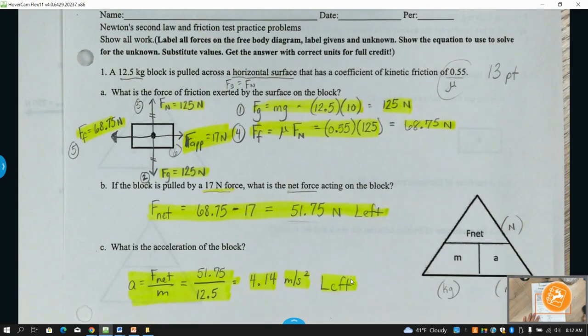So I want you to try number 2 right now. I want you guys to try number 2 right now. It is the exact same format as the first problem. So I want you guys to try that one right now.